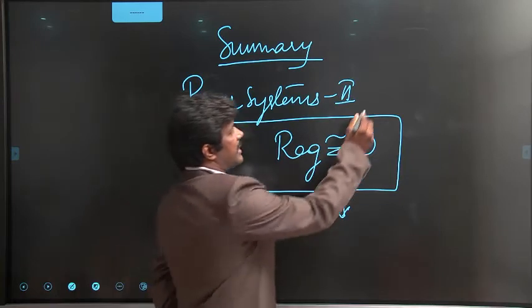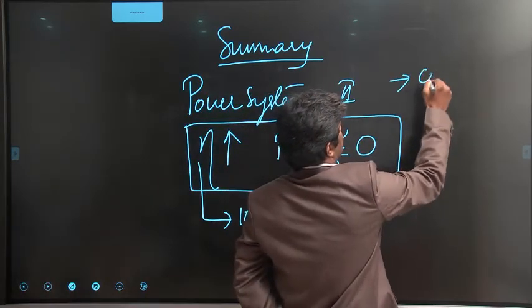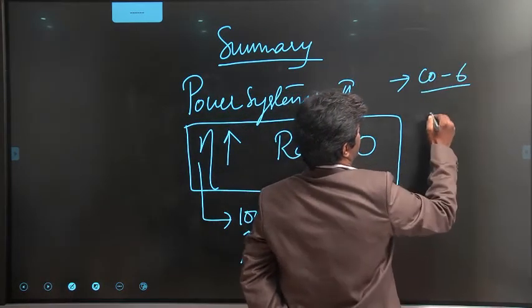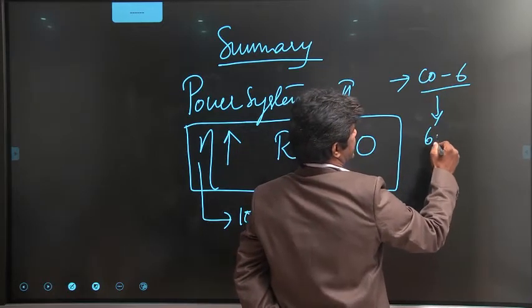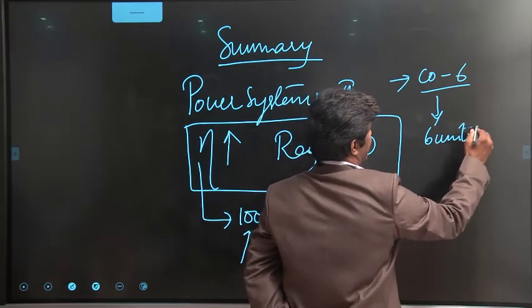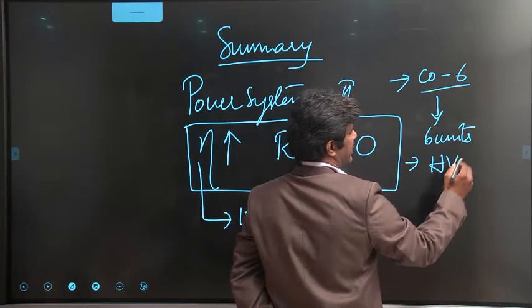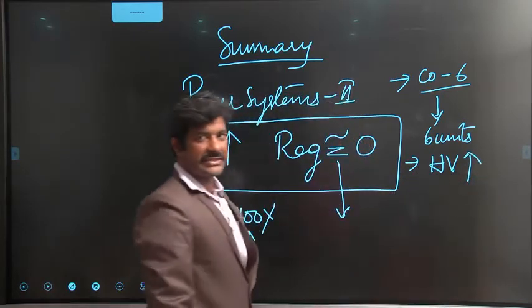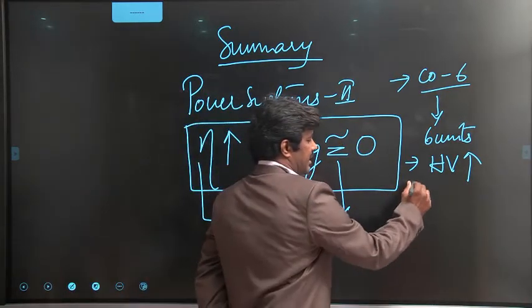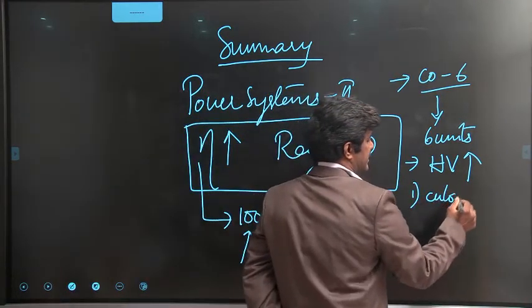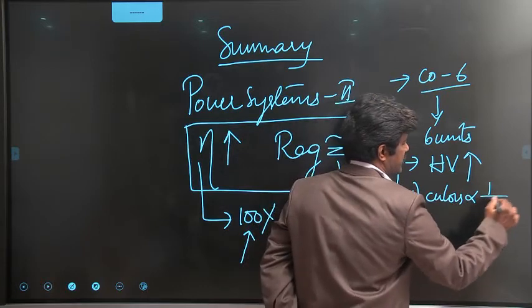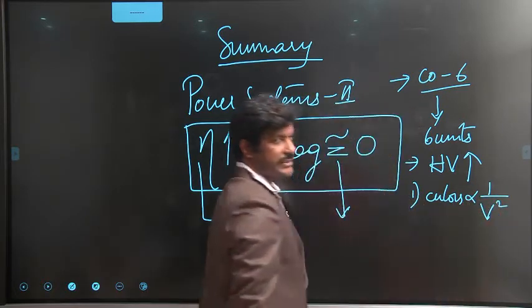And also we have seen the course outcomes, 6 course outcomes for 6 units. And finally we have seen the necessity of transmitting the power at high voltages because it reduces the copper loss, since copper loss is inversely proportional to the square of the voltage.